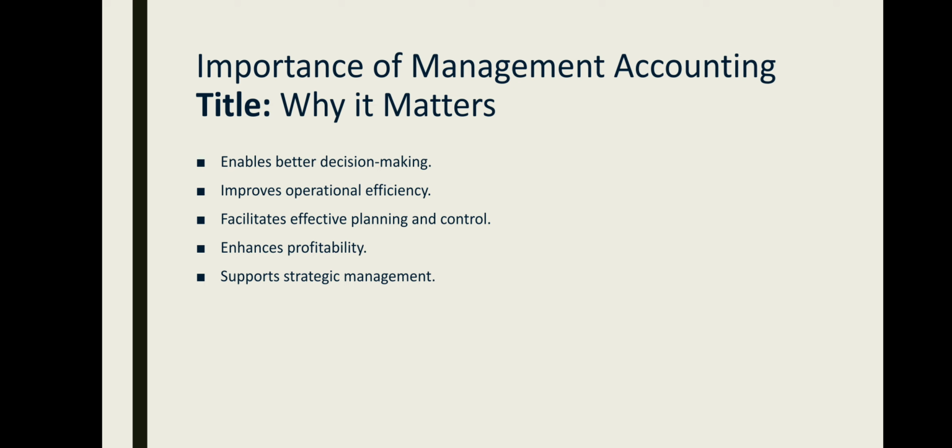When there is proper planning and control of everything, then automatically there is effectiveness and efficiency in the operations. Next one is to enhance profitability. When everything is right, with proper operational efficiency and effectiveness, it also enhances the profitability of the organization.